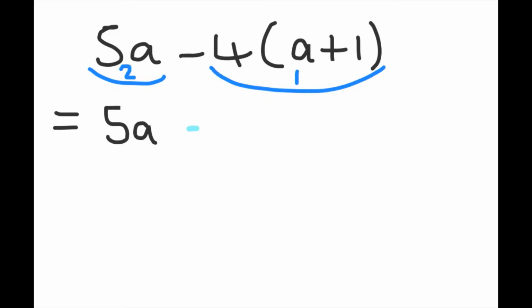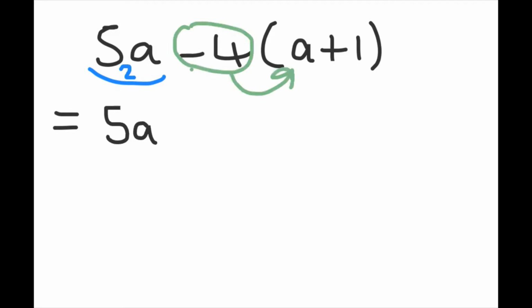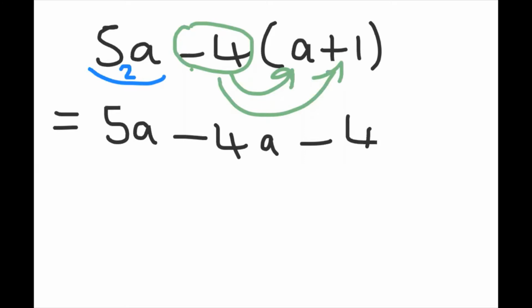Oh, sorry, we're going to multiply now. So what we're going to do now, and just remove this, we are going to multiply the minus 4 with each term inside of the bracket. So we're first going to say minus 4 times a gives us minus 4a, and then minus 4 times 1 gives us minus 4.